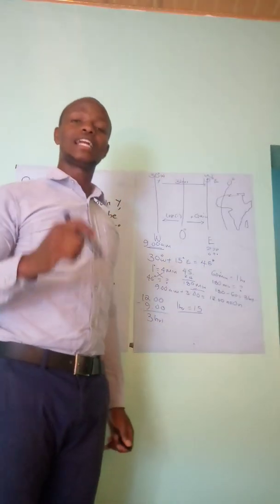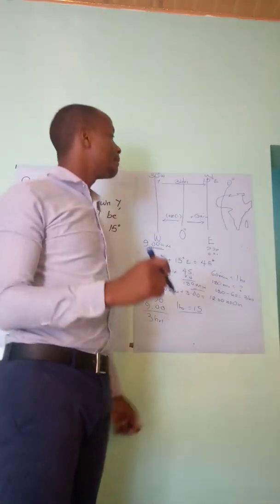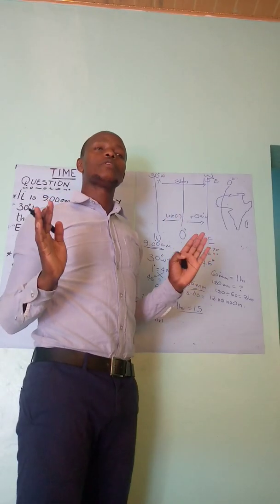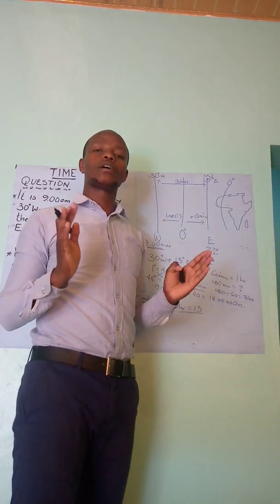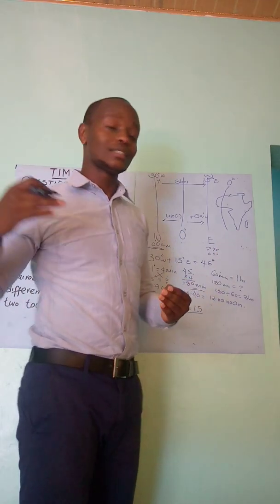The prime meridian is very important when it comes to calculating time, because it is the one that guides us whether we are moving towards the east or the west, where we gain or lose time.